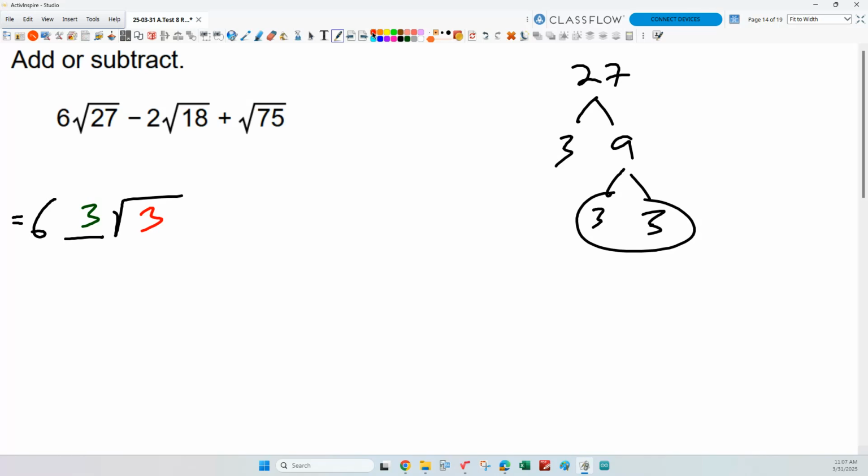So we're going to end up getting minus outside number 3, inside number 2, and then finally, what about that last guy, 75? I could break up 75 into 25 and 3, and what's the square root of 25? Okay, so I get an outside 5 and an inside 3.